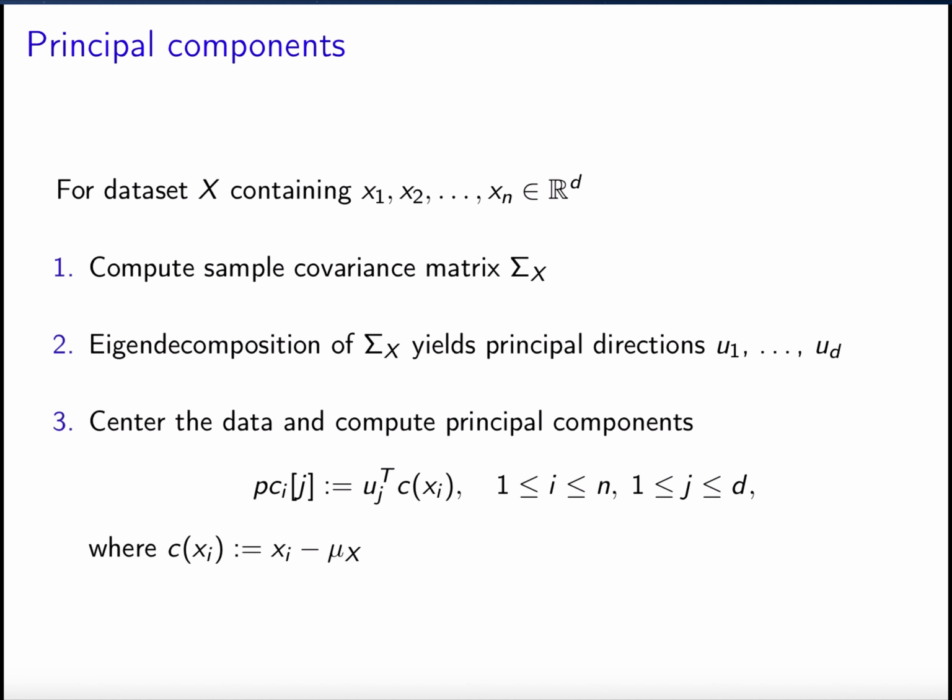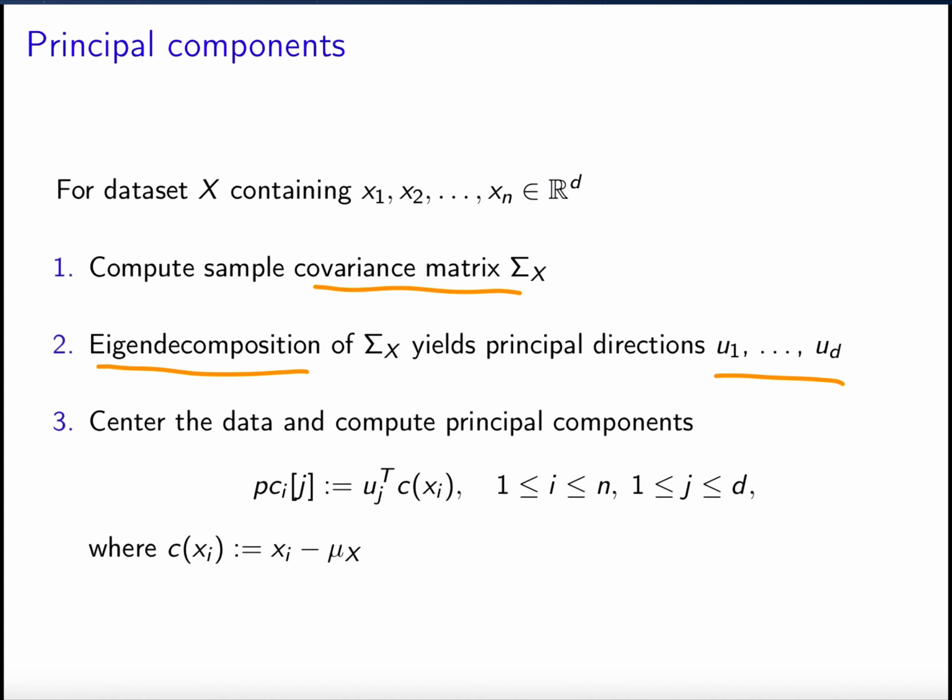Of course, when we're computing principal components from data, we're going to use the sample covariance matrix. But the idea is exactly the same. We're going to compute the sample covariance matrix, and then we compute the eigendecomposition, and that gives us the direction of maximal sample variance.